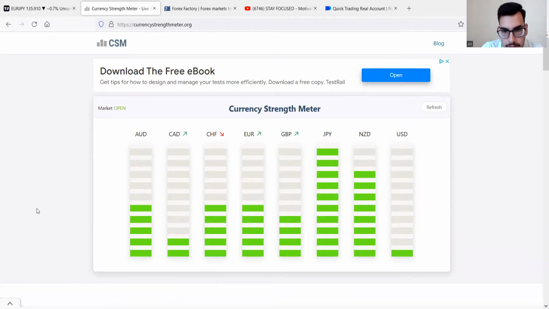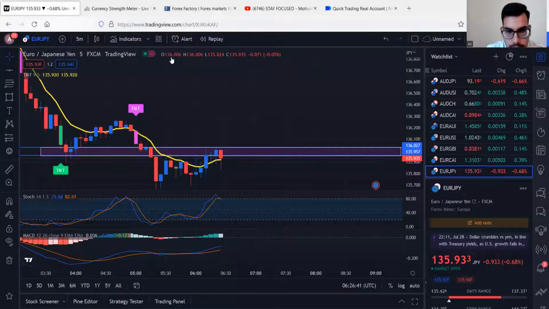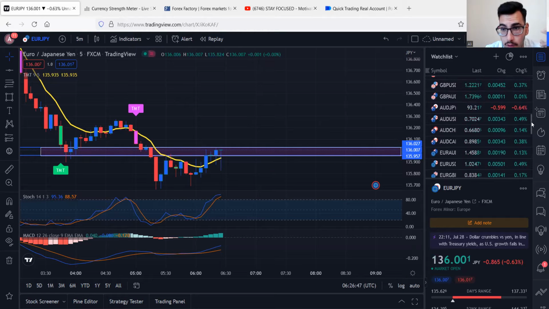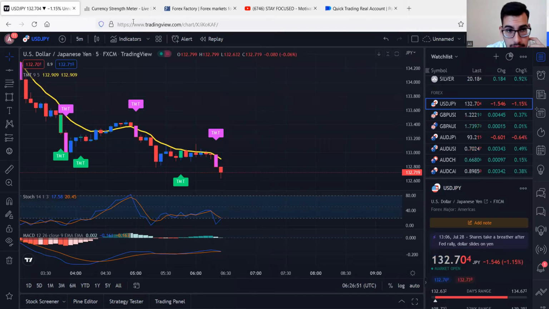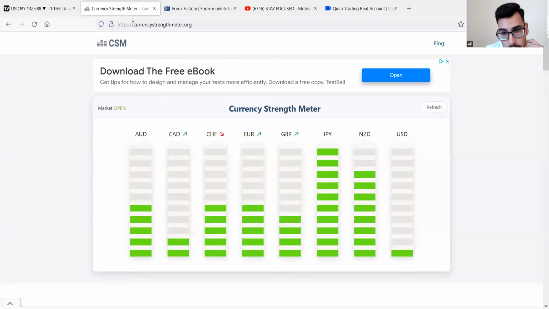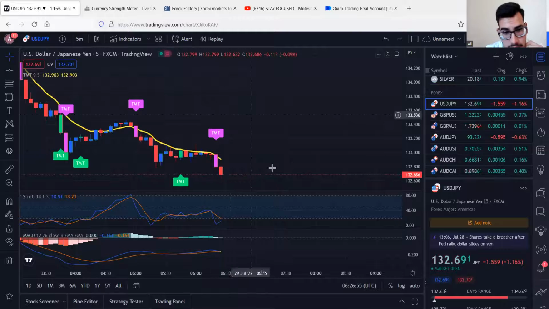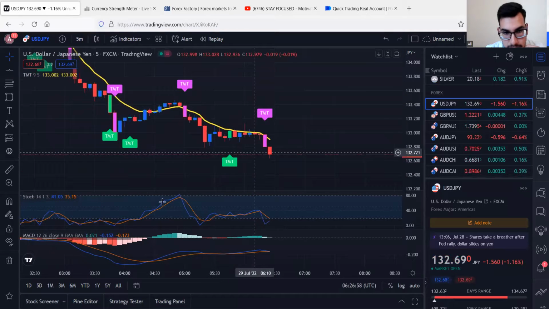Now, let's look at another area. We looked at AUD JPY, Euro JPY, Euro USD. Let's look at what else can we look at? USD JPY. Why not? JPY has been a good friend for us today. USD JPY is bearish, but it is really, really bearish though.